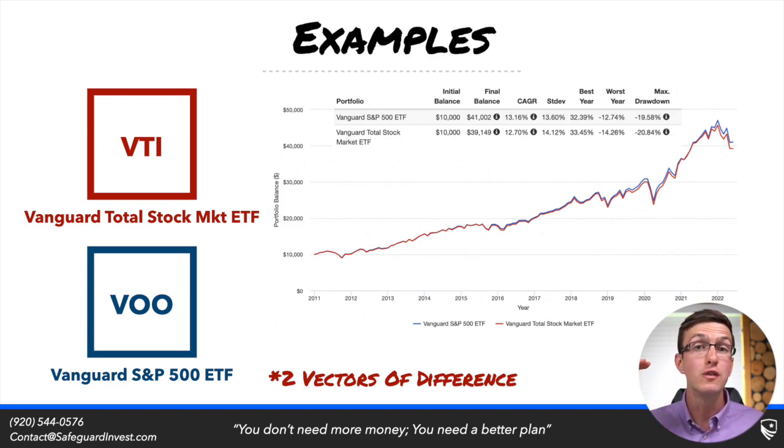We're stacking on two vectors here because we're stacking on a different basket of goods, and we're also stacking on tracking a different index here. We're still using Vanguard, and we're still using the same vehicle with an ETF, but we have two vectors of difference here. Now, as you can see, looking at the performance, these are quite correlated and have performed very similarly, matching ebbs and flows through time. So this would be an awesome candidate for that tax loss harvesting idea.